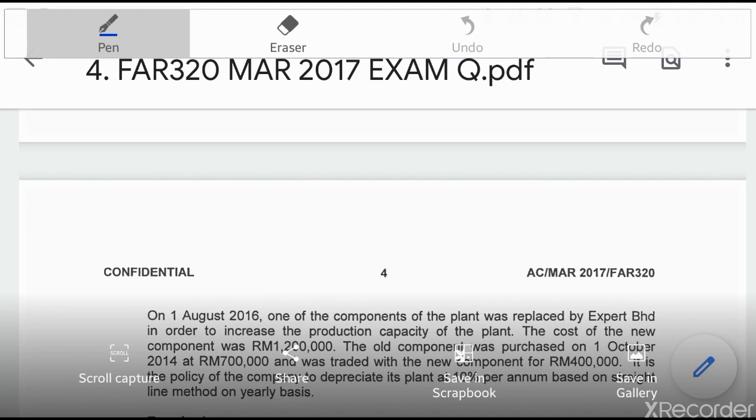Let's look at what happened to the first situation here. So let us look at the new component of the plant that was purchased.